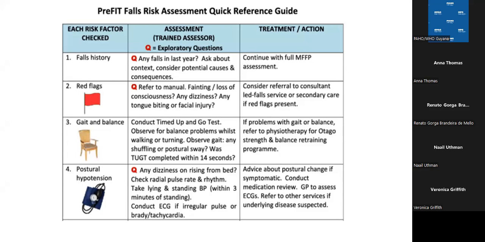Consider potential causes and consequences to guide the patient or control chronic conditions that can cause a new fall episode. Seek red flags: fainting, loss of consciousness, dizziness. Assess gait and balance. Assess postural hypotension if a patient refers a fall.